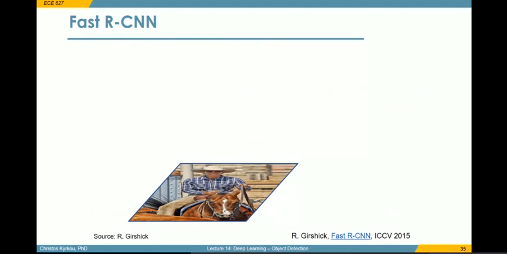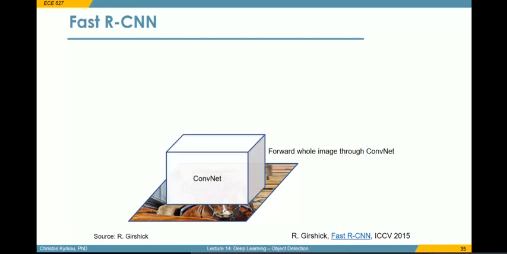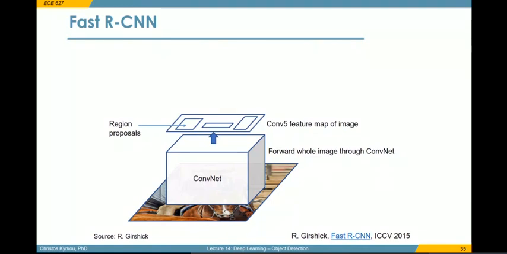And this is an overview of how Fast R-CNN works. So Fast R-CNN first passes the whole image into the ConvNet. Then the proposals are generated based on the produced feature map. The extracted features of each region need to be of the same shape.